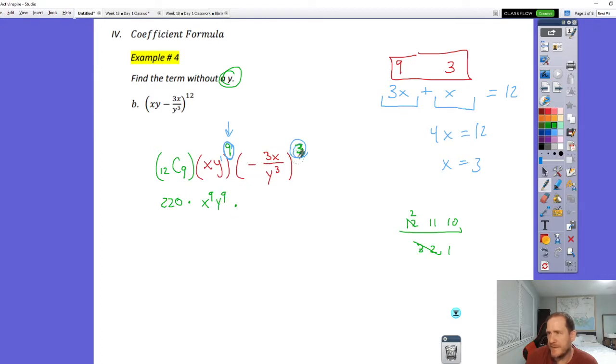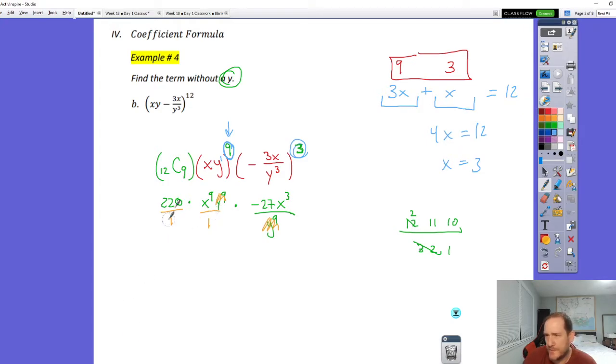This will be negative 3 cubed, so negative 27, and x cubed. Our denominator will be y to the 9. And so watch now, in amazement, as our y's cancel out. And you now see this is the term that doesn't have a y in it.